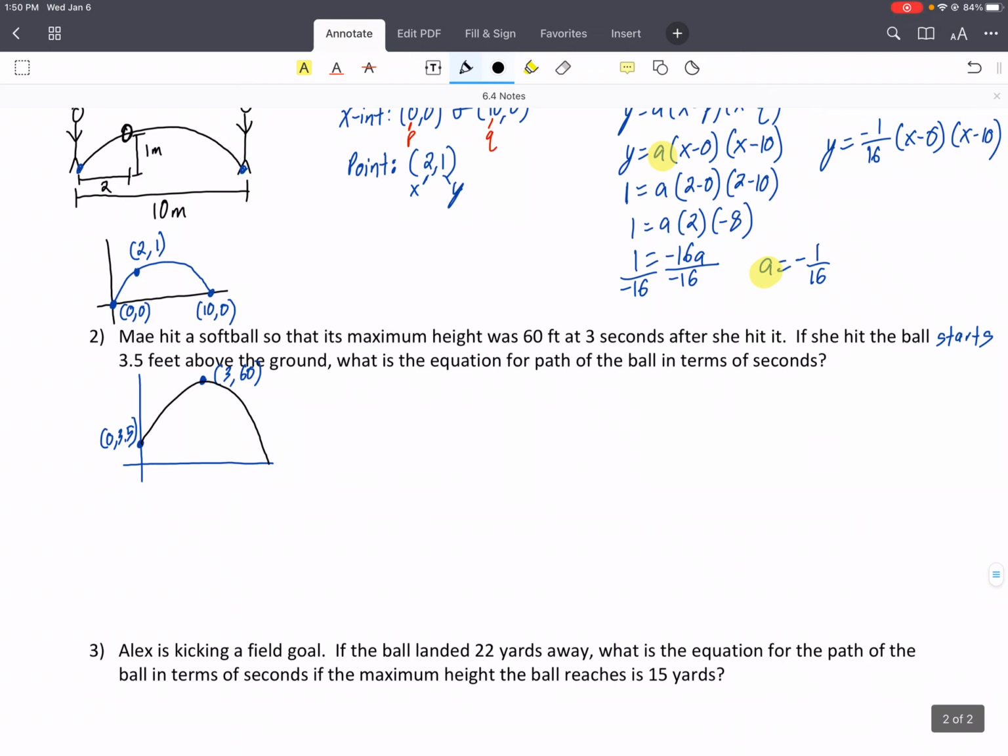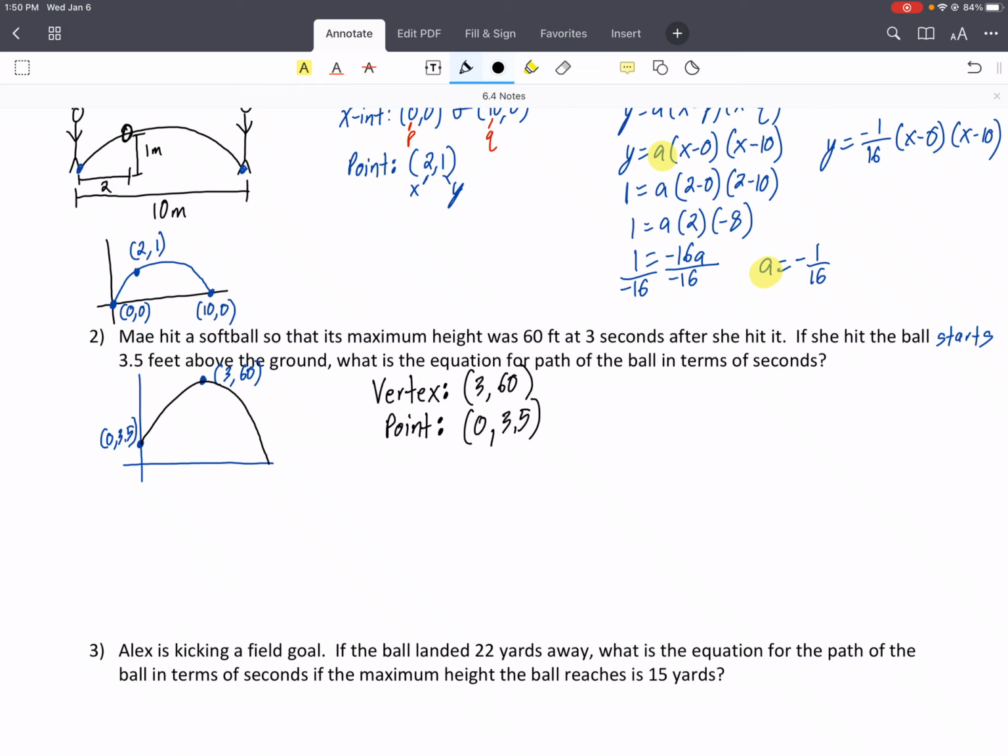So our vertex is going to be at 3 and then 60. And then we have another point, which is technically our y-intercept, at 0 and then 3.5.